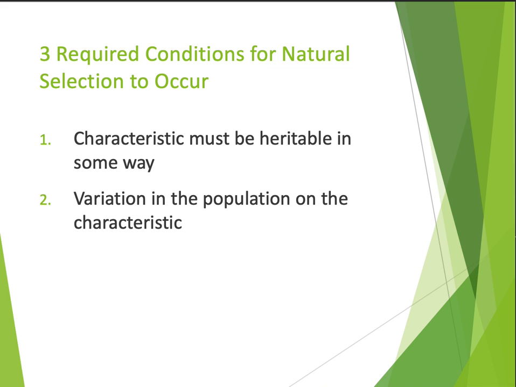What this means is, whatever characteristic we're studying, individuals in that population must vary in terms of that characteristic. For example, I mentioned swimming in fish. For us to see evolution in, let's say, the speed of how quickly fish swim, some fish have to swim faster than others.